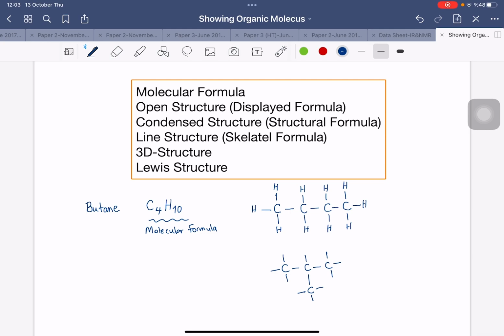If carbon atoms are connected in a straight line, we call this N-butane. If there is a branch in the connection of carbon, then this time it is not normal butane, it is called isobutane.